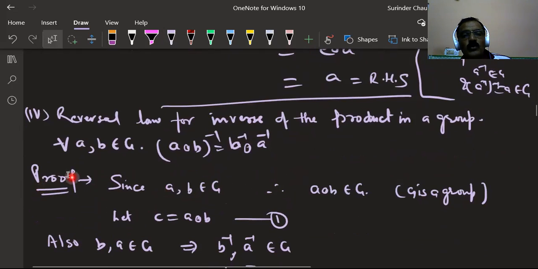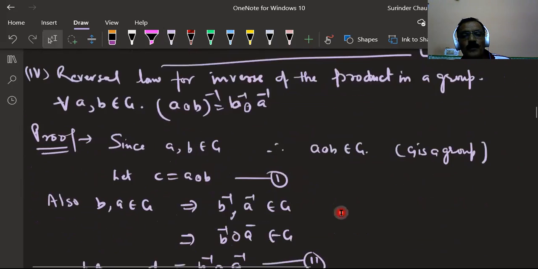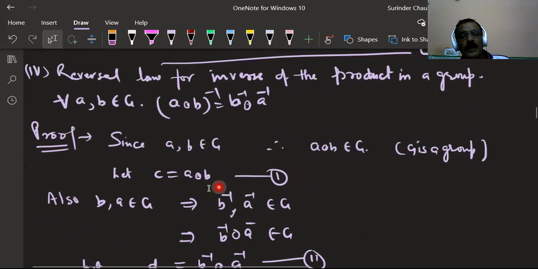Since a and b belong to G, and G is a group, the closure property holds true, so a composition b also belongs to G. Let us suppose a composition b is equal to c. Also, b and a belong to G, so b inverse and a inverse belong to G, and by closure b inverse composition with a inverse also belongs to G.